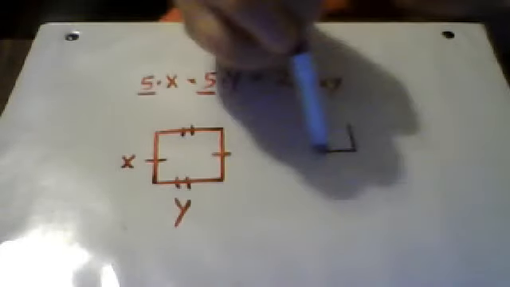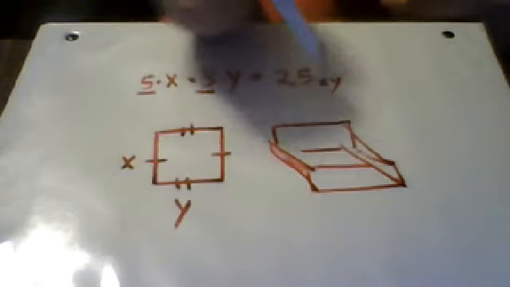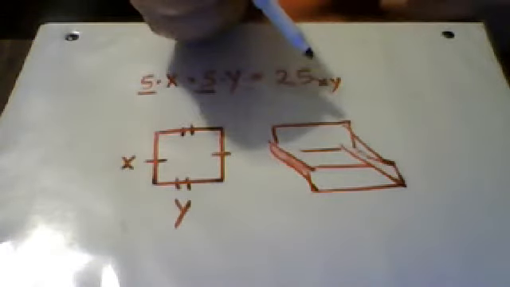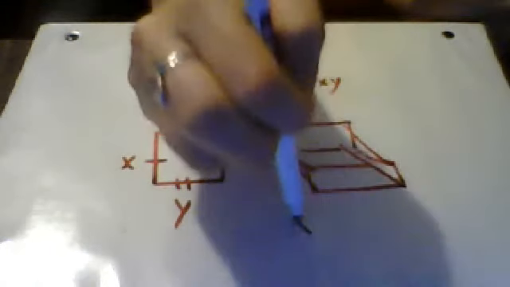If, though, they ask you about, let's say, a rectangular prism. Oops, I just connected those completely wrong. And they say, if you multiply the dimensions of a rectangular prism by 4, what will be the resulting change in volume? Well, here again, you have 3 pieces that go into this.